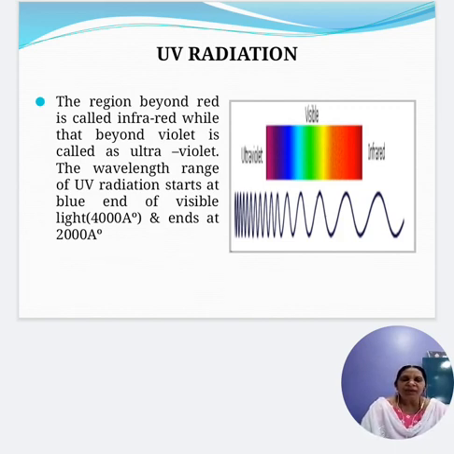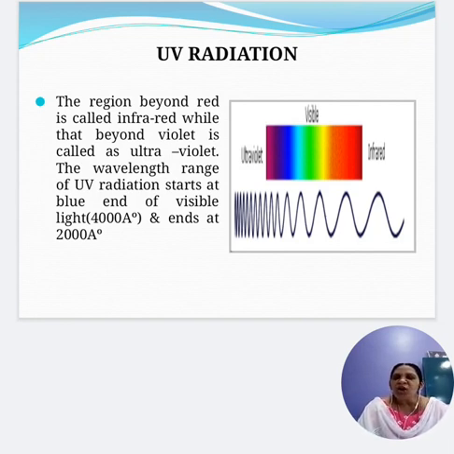Visible radiation is encompassed by the ultraviolet and infrared regions. In between the ultraviolet and the infrared region is the visible region. We know the visible region's bandwidth ranges from 3000 angstroms to 7000 angstroms.